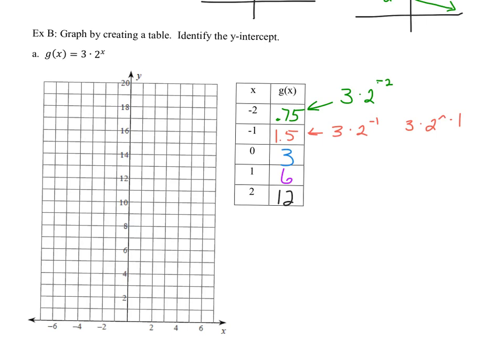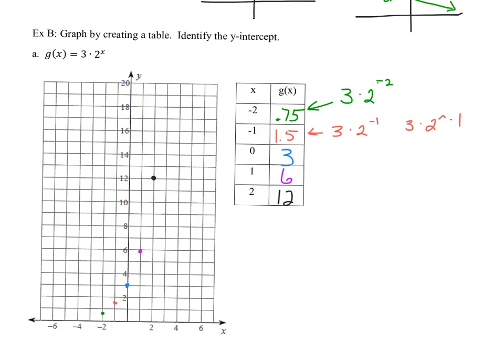Now I'm going to plot those on my graph. Negative 2 at about 0.75, negative 1 at 1.5, 0 at 3, 1 at 6, and 2 at 12.